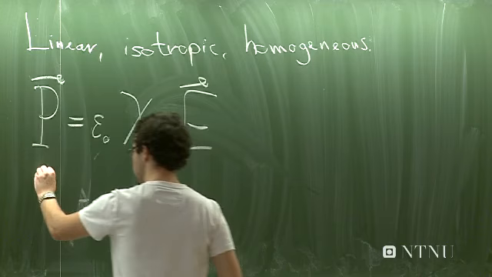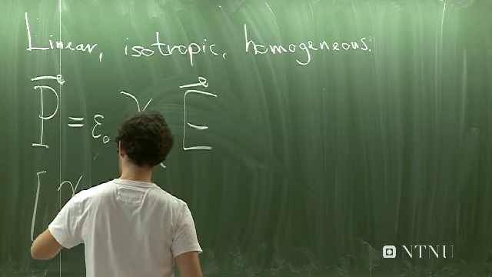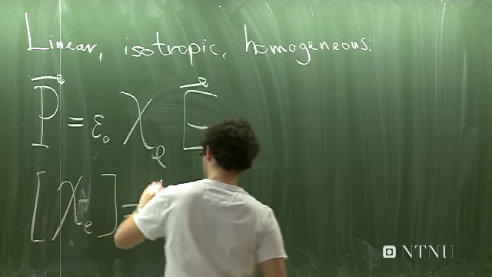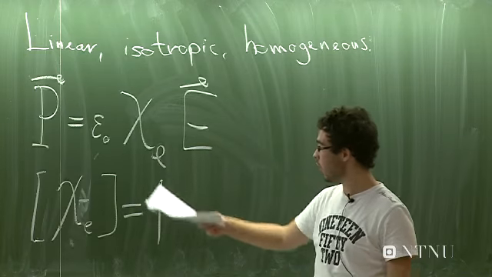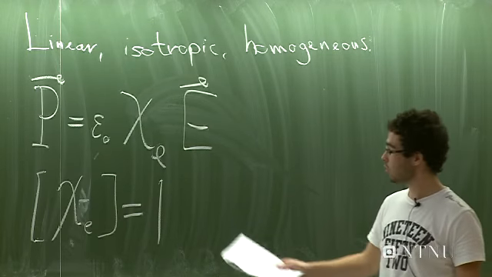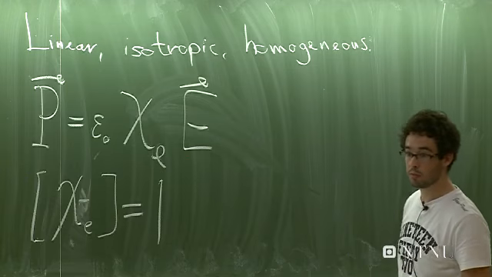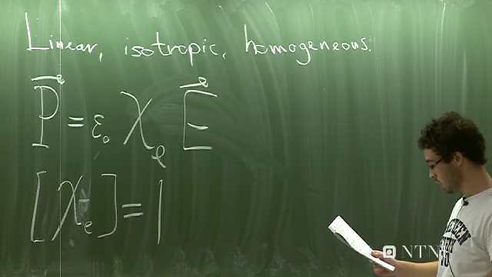So the chi here has no units. That's why I took out the epsilon 0, just to make it easier on the chi.